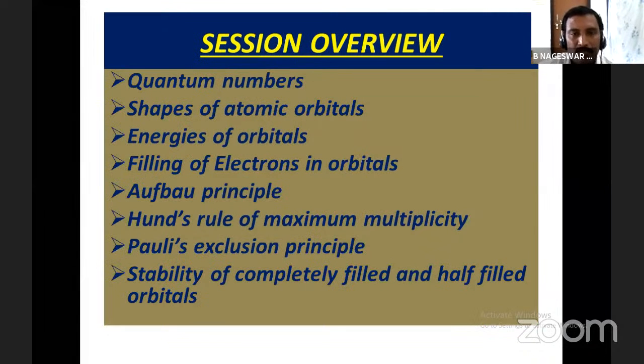Now in today's session, what do we discuss? Mainly quantum numbers. After that, shapes of atomic orbitals, energies of orbitals, filling up electrons in orbitals, Aufbau principle, Hund's rule of maximum multiplicity, Pauli's exclusion principle, stability of completely filled and half filled orbitals.